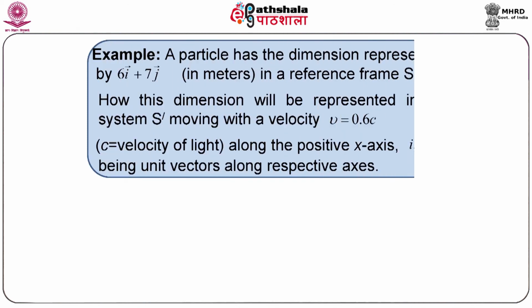Consider the next example. A particle has the dimension represented by 6 into i vector plus 7 into j vector.